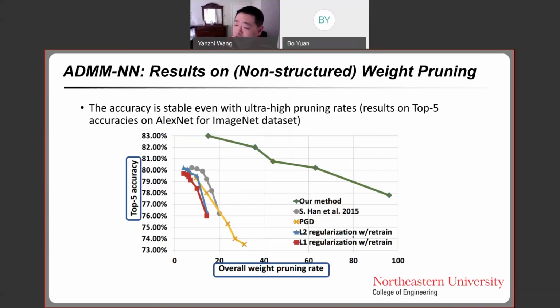With almost 100 times weight pruning rate, meaning only 1% of the weights remain, our accuracy is still okay, while with 64 times weight reduction, our accuracy is almost the same as the prior work's starting accuracy. Because of this large gap, it clearly shows our advantage.